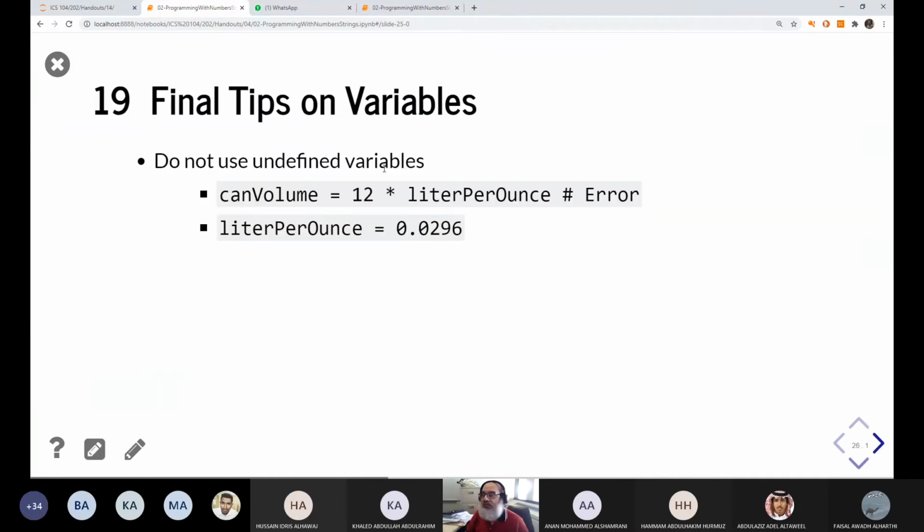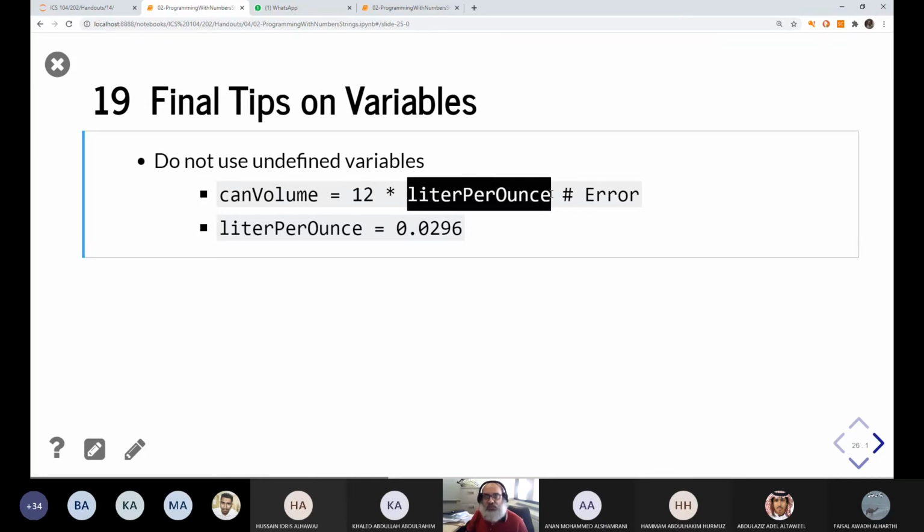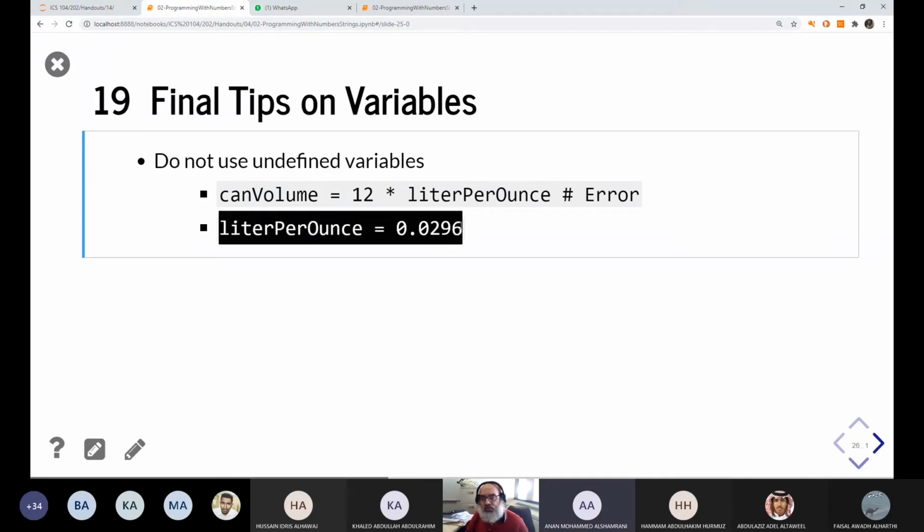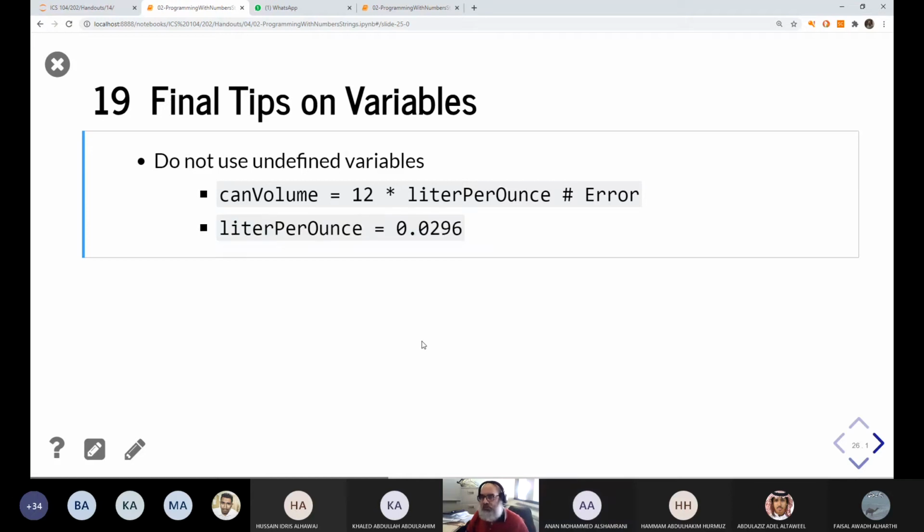Final tips on variables. Do not use undefined variables. We have seen that the other day. When you say, for example, can volume is 12 times liter per ounce, well, liter per ounce does not exist yet. It has not been defined, so this will give an error. If you want to fix this, what do you need to do? Put liter per ounce at the top first, and then say can volume equals 12 times whatever.